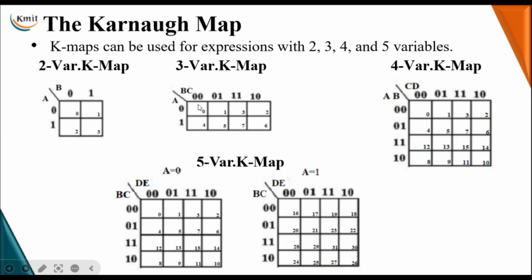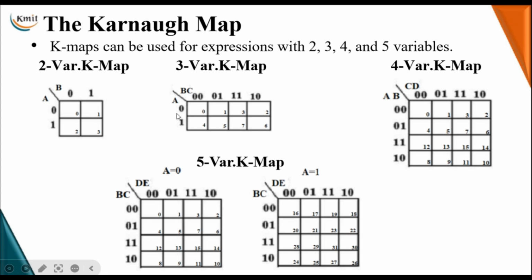In a 3 variable K-map, when we observe this, it is a square subdivided into 8 cells. Here we have 2 rows and 4 columns.